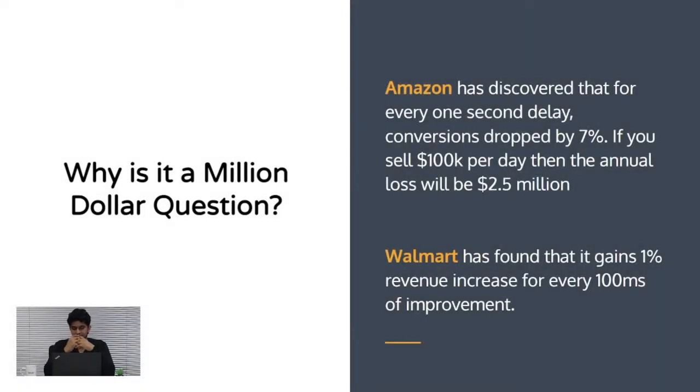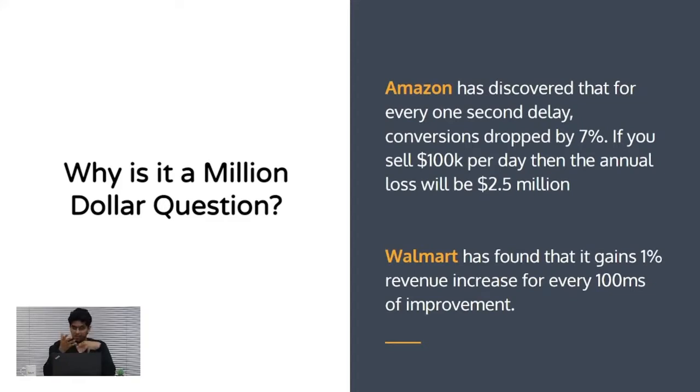Amazon has found out that every 1 second delay in their website reduces their revenue by 7%. Whereas if their per day value is 100K, then the loss will be around 2.5 million per year.